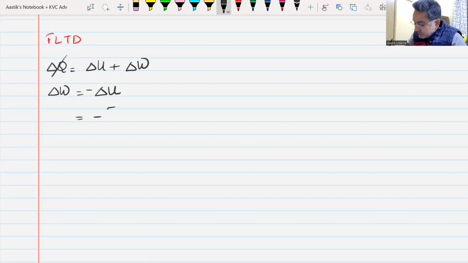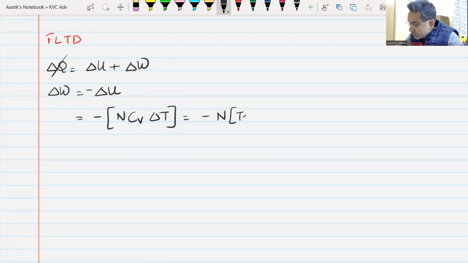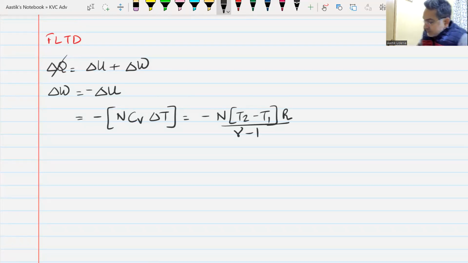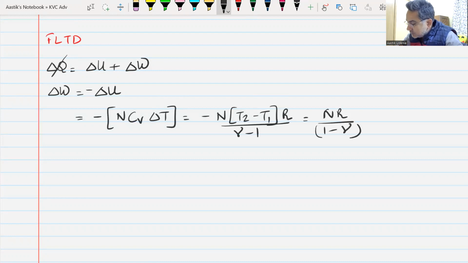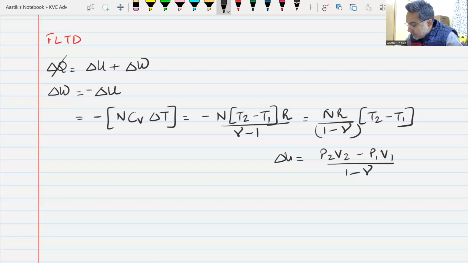So it is negative of n Cv delta T, or you can write it as negative of n into T2 minus T1 divided by gamma minus 1 into R. Do you understand how I've written this? Yes, sir. Or you can write it as nR upon 1 minus gamma into T2 minus T1. Or you can write it as P2 V2 minus P1 V1 upon 1 minus gamma. So you can write it in various ways.